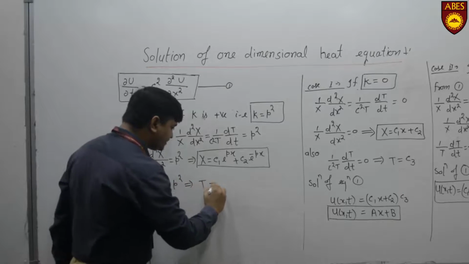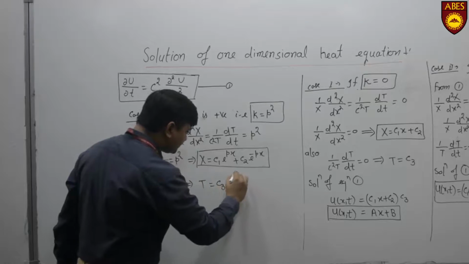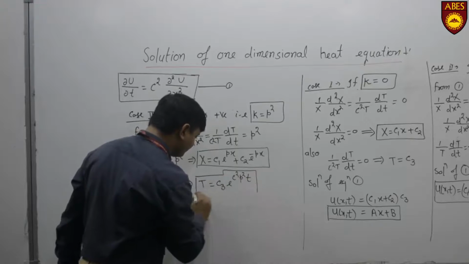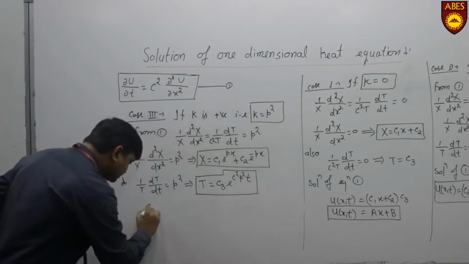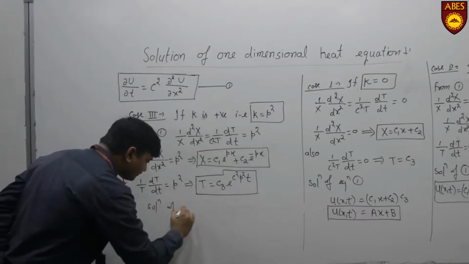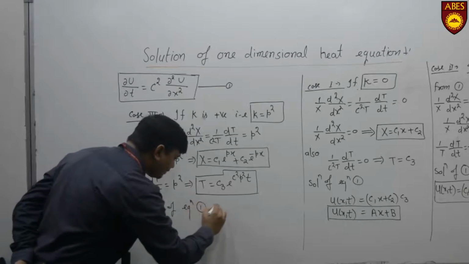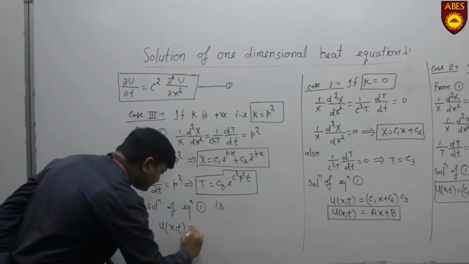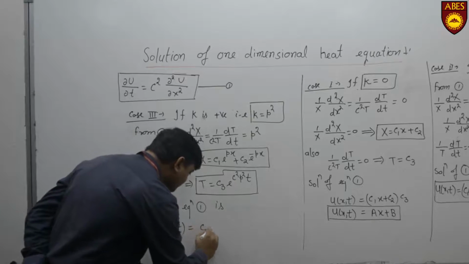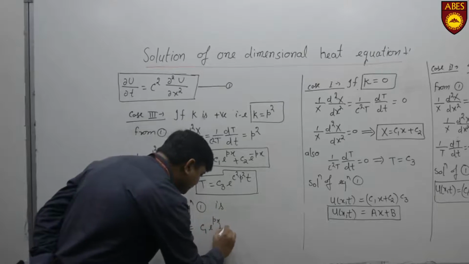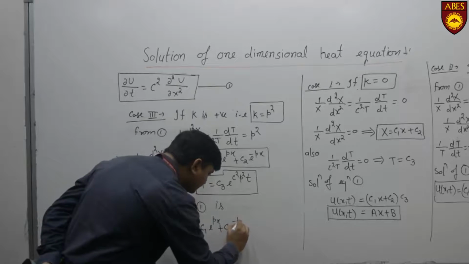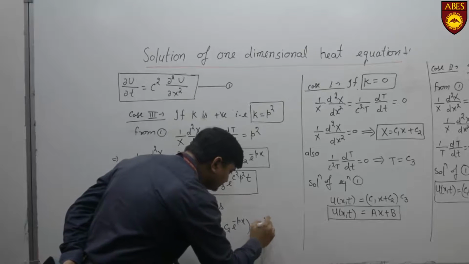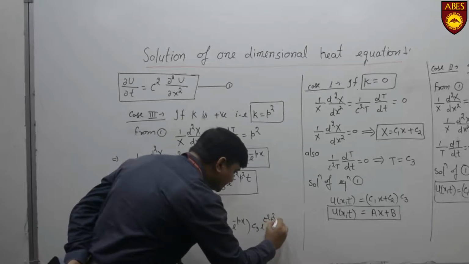It implies T equals C3 e to the power c square p square t. And the solution of equation number 1 is u(x, t) equals C1 e to the power px plus C2 e to the power minus px into C3 e to the power c square p square t.